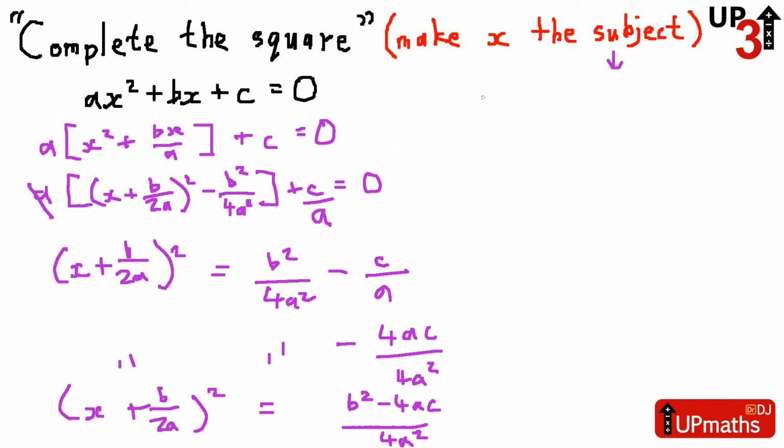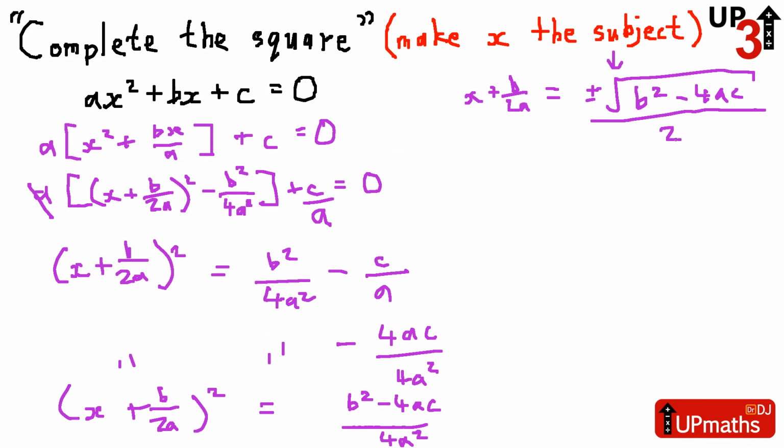I'm now going to square root both sides. So that means that x plus b over 2a equals plus or minus the square root of b squared minus 4ac. Now the square root of 4a squared is 2a. So now we can minus b over 2a from both sides. So we get x equals minus b over 2a.